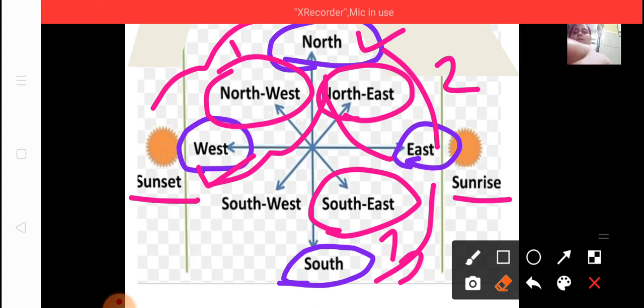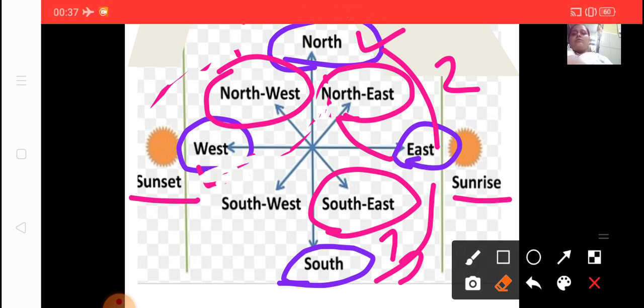One minute, I'll just rub this out so that you can see properly. I'll only circle those directions and sub-directions.